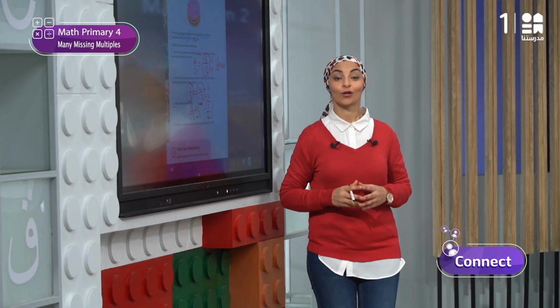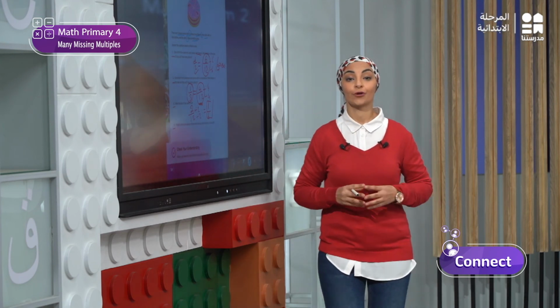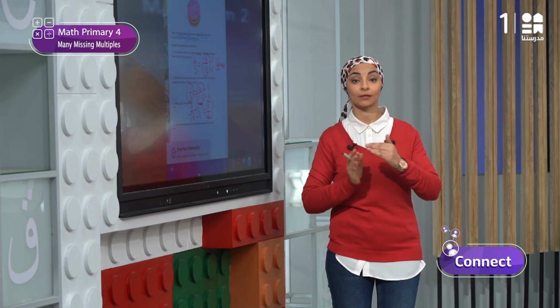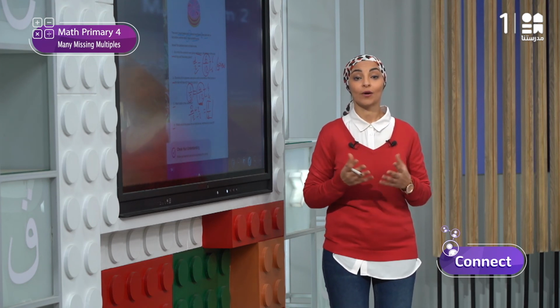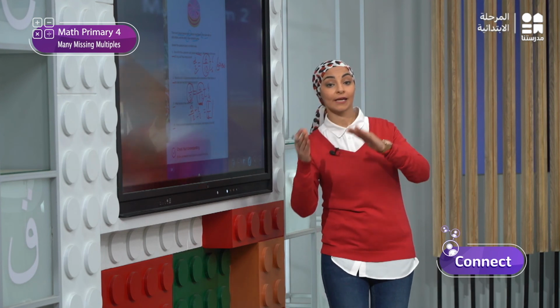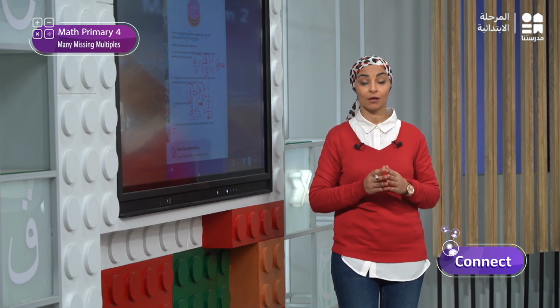Let's see now our fourth question. Here is the fourth one. What does the fourth question tell me? It says we want to write the fraction representing the remaining parts if Nadia cut the pieces left into 2. If Nadia took the pieces left and cut them into 2, what should we do now? This means that we will double the remaining pieces. Didn't we take the remaining pieces and divide them in two? So we will double these pieces.